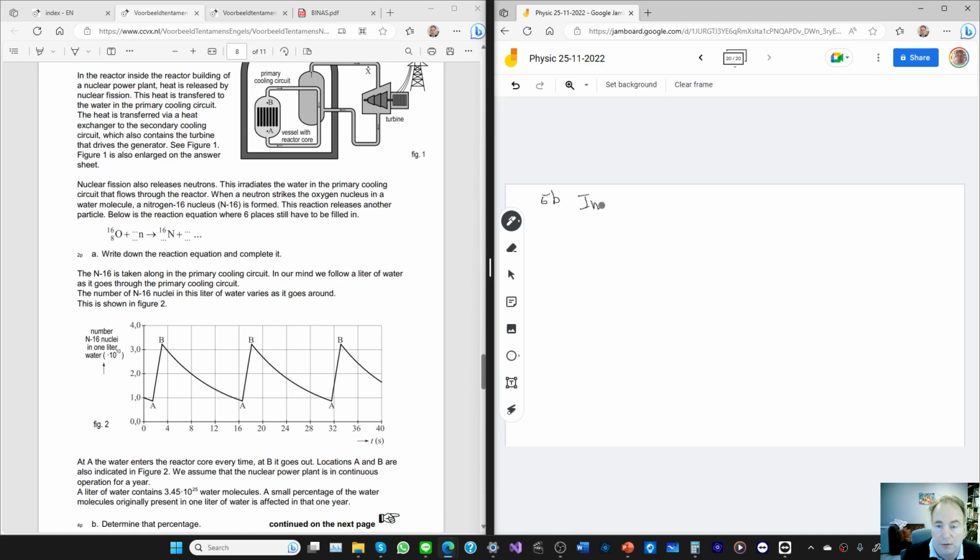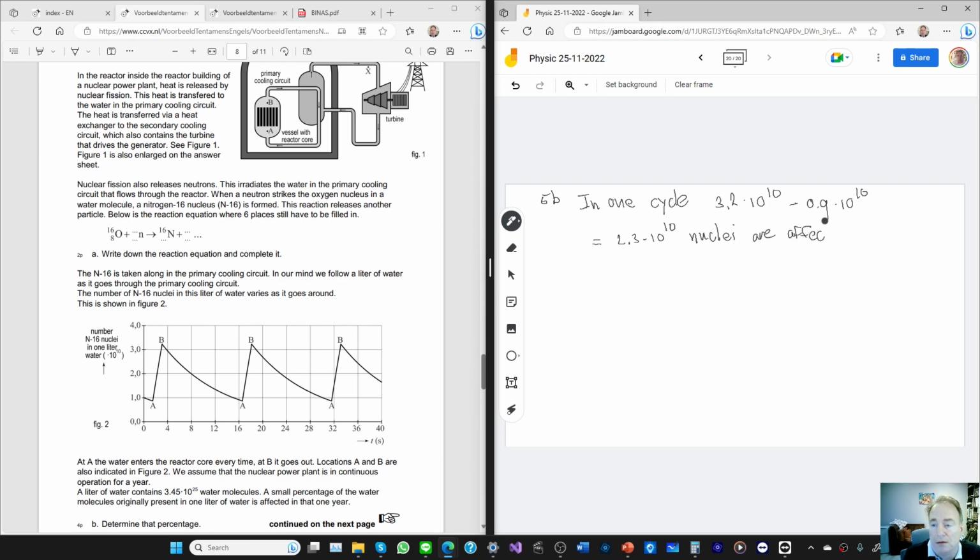In 1 cycle, let's make it 3.2 times 10 to the power 10 minus 0.9 times 10 to the power 10 equals 2.3 times 10 to the power 10 are affected.